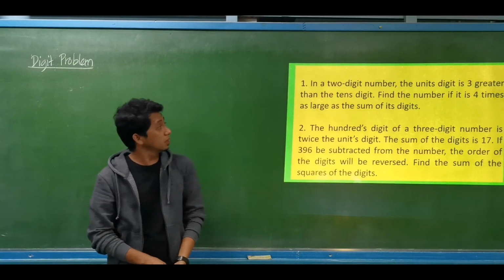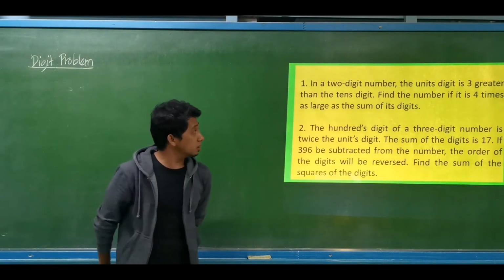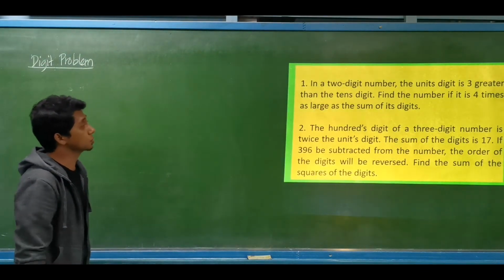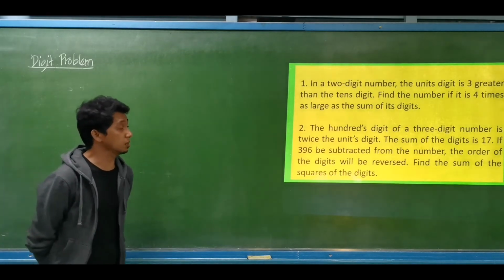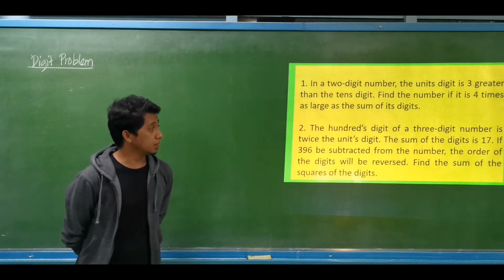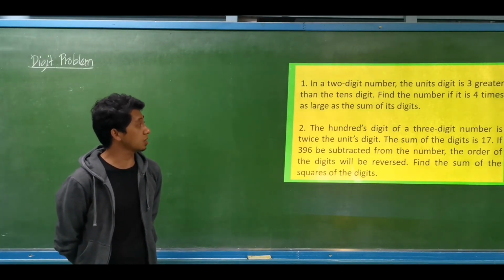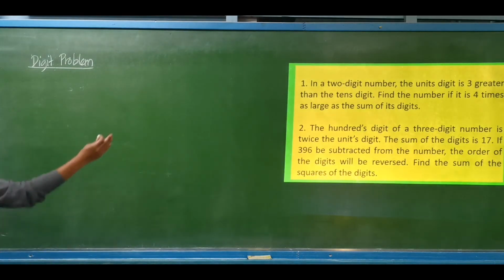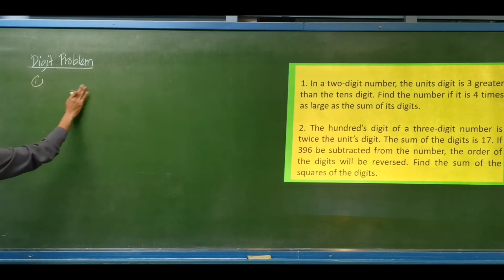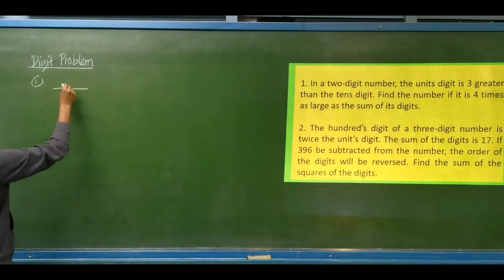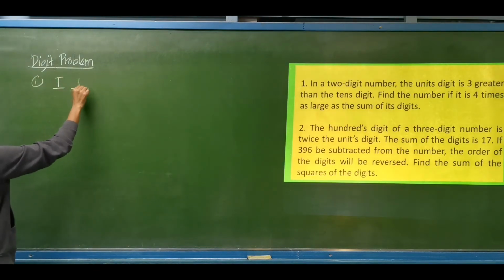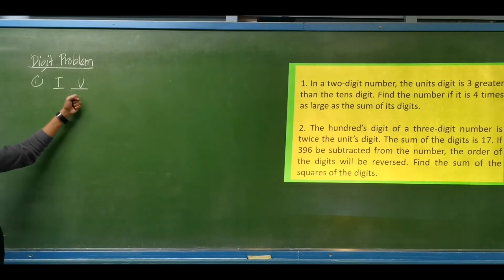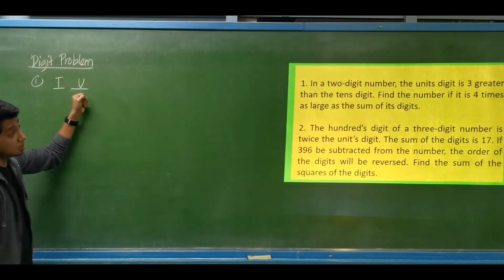Example number 1. In a 2-digit number, the units digit is 3 greater than the tens digit. Find the number if it is 4 times as large as the sum of its digits. So we have, for this case, a 2-digit number. So this is the tens digit and the units digit.